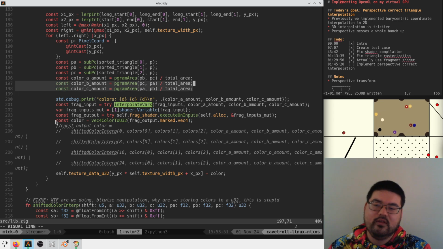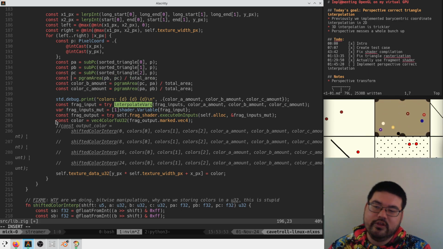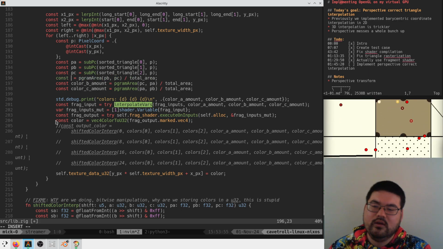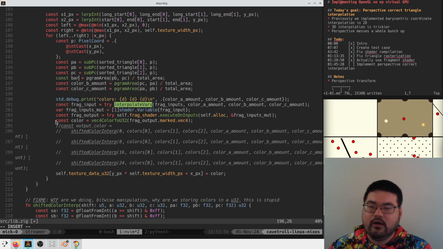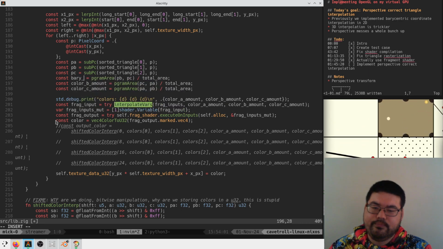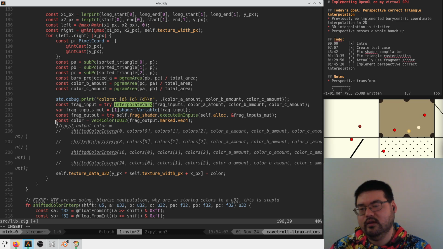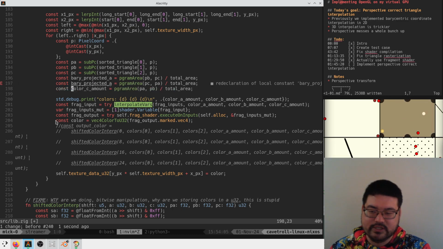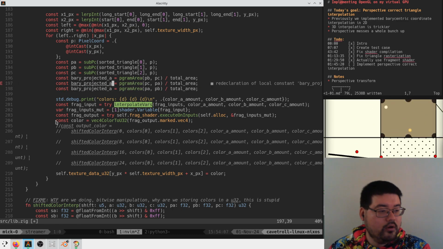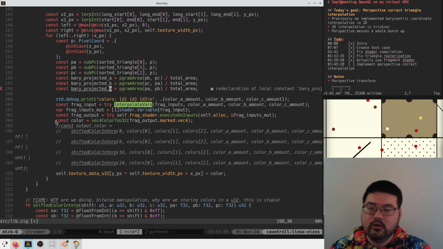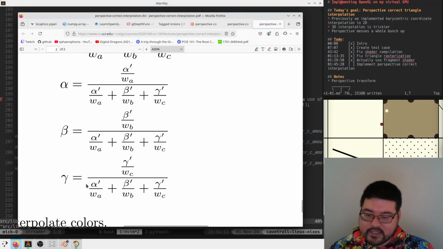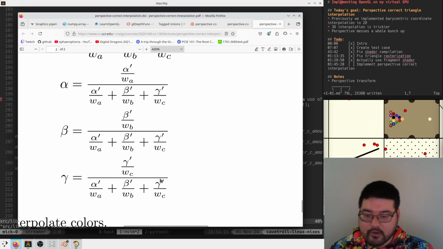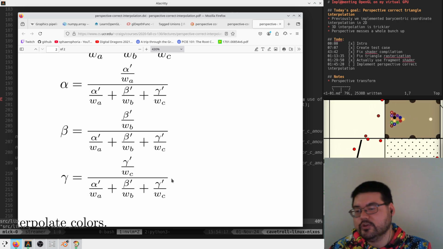So we have these, and I think we're going to call these Bary projected A, Bary projected B, and Bary projected C. Then that's A prime, B prime, and gamma prime in this world.